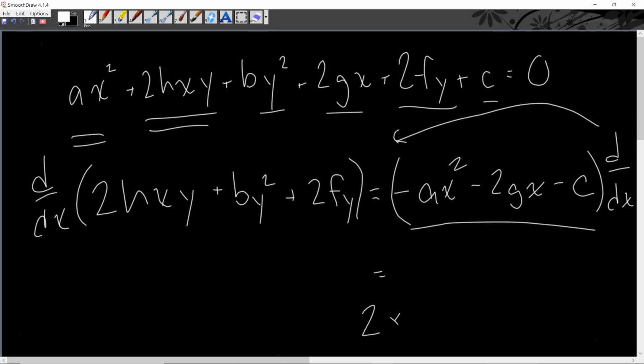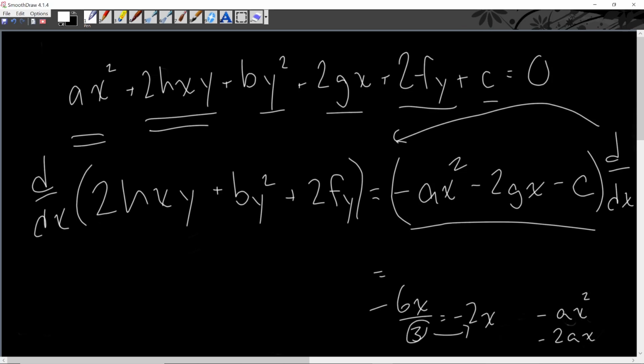We'd have 2 times negative 3 times x to the 2 minus 1, which is going to be negative 6x. And if a is still equal to 3, then negative 6x divided by 3 is equal to negative 2x. So negative ax squared is still going to be negative 2x if you just bring that 3 back over there.